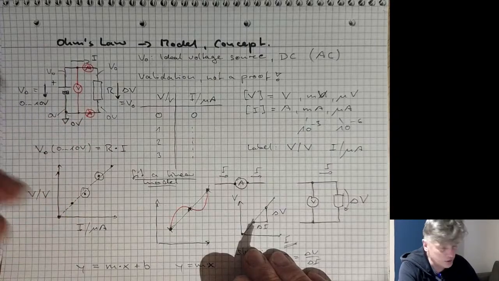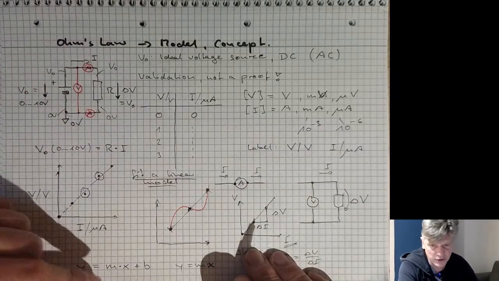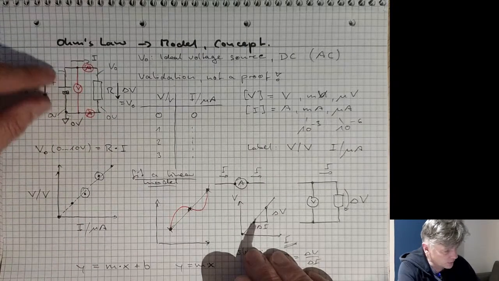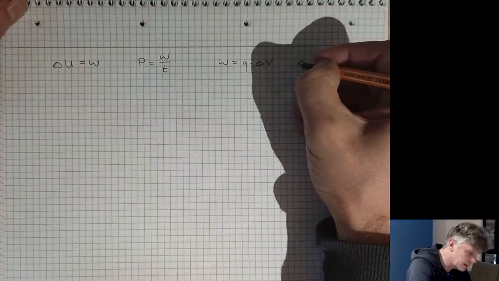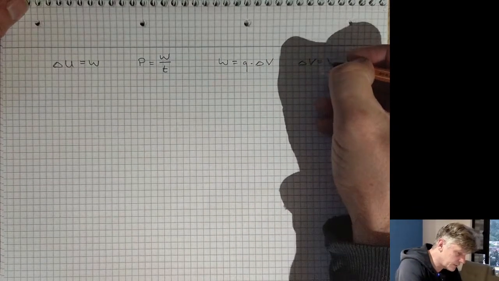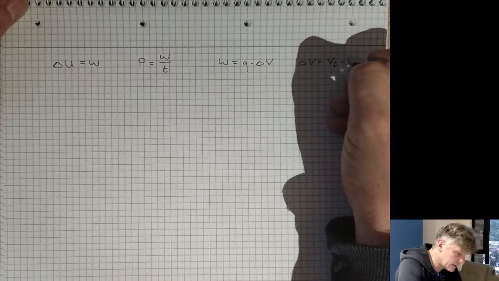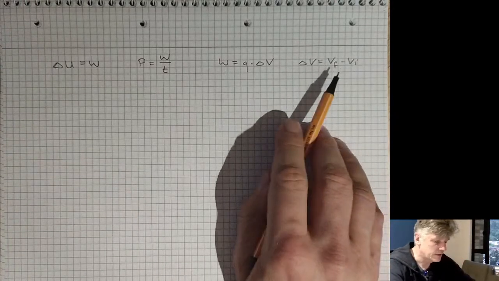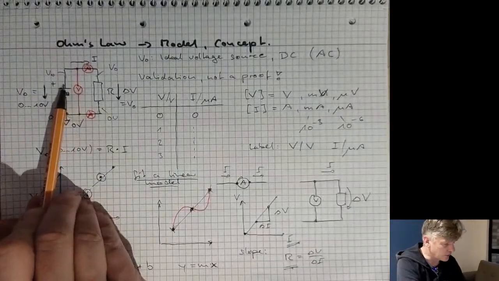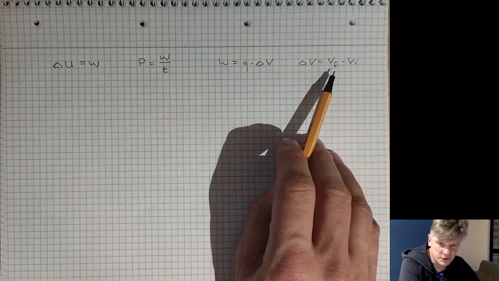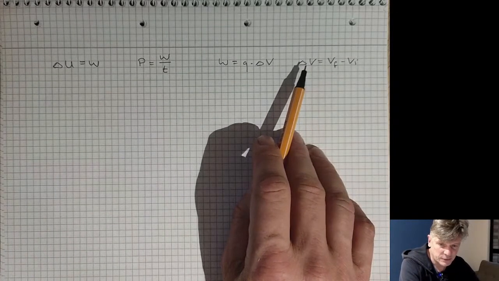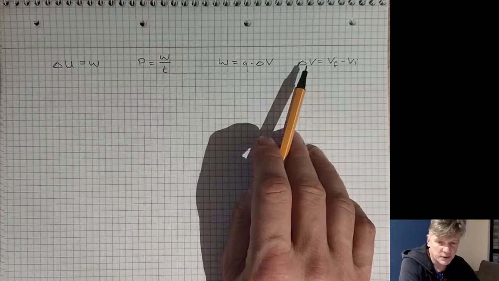We talked about this voltage, final voltage and initial voltage. So the difference, the delta V, is V final minus V initial, right? And if the initial voltage, for example, here is 5 volts or so, and the final voltage is 0, then we have a negative voltage difference.